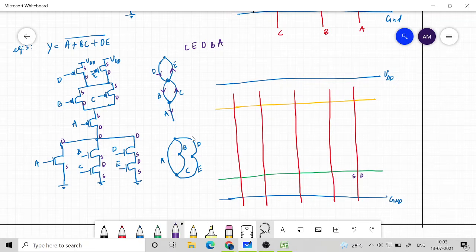I can do it. So I will start at this node C, then E, and then D, but then I cannot go to B, so that is also not possible.